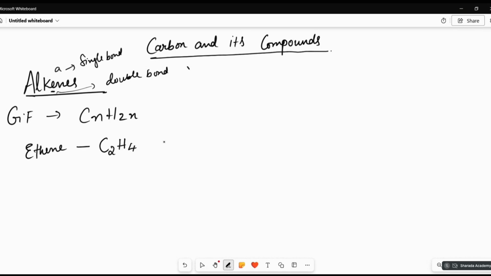C2H4. And what will be its structural formula? Two carbon atoms, write like this and fill the others. Two bonds are already there, four bonds should be there, so it is filled with hydrogen. Okay, this is the first one. And write the electron dot structure for this.